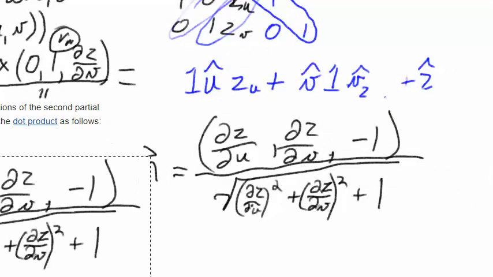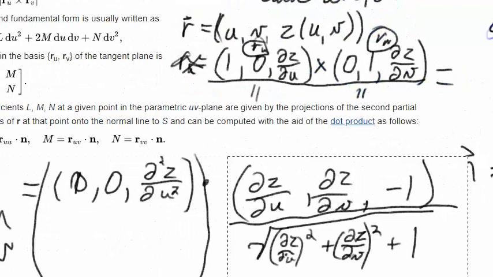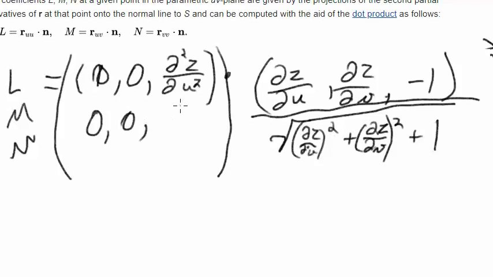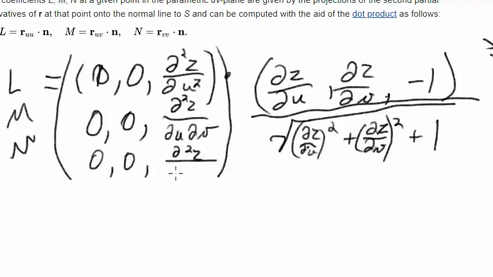The second one would be 0, 0, comma, del squared z del u del v, and the third one was 0, 0, comma, del squared z del v squared. So really, it's 0 times this plus 0 times this minus 1 times this.